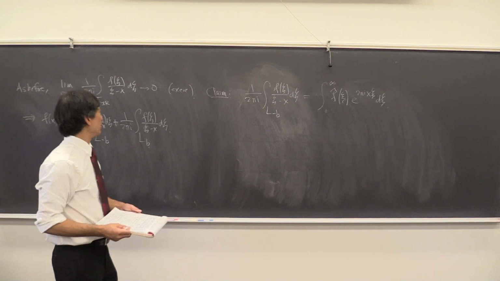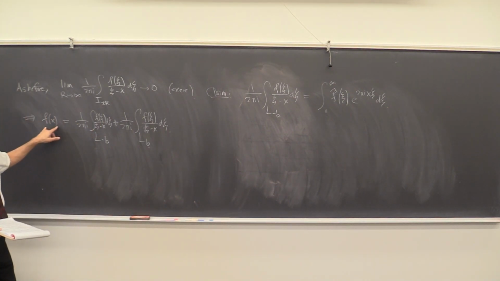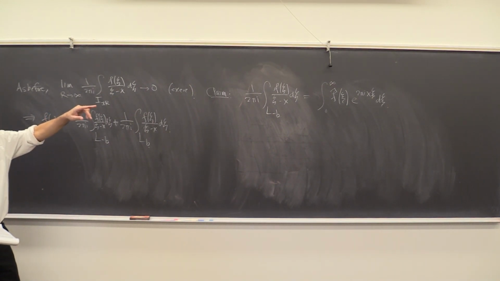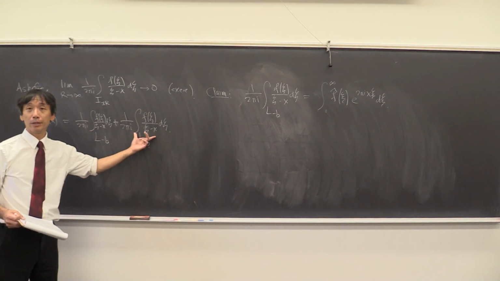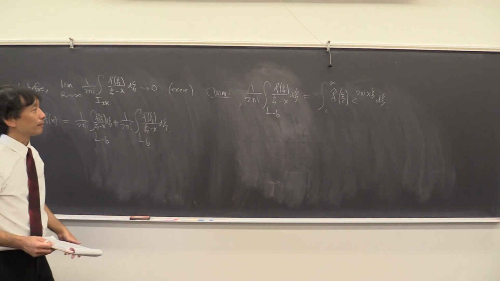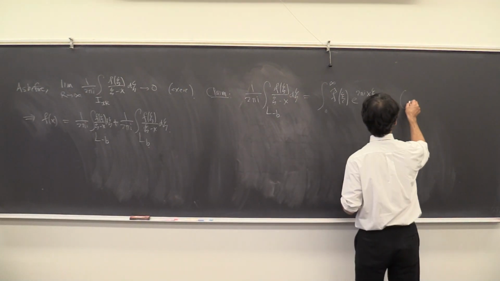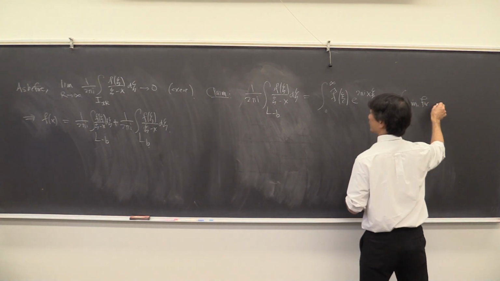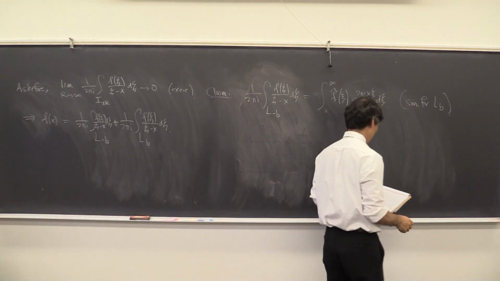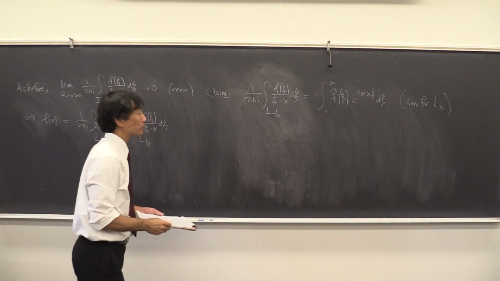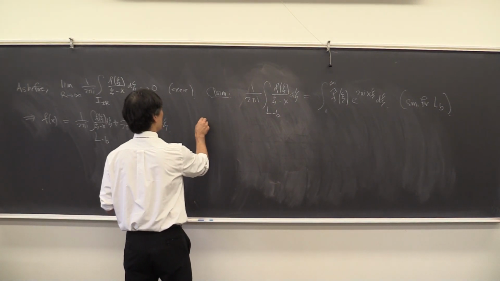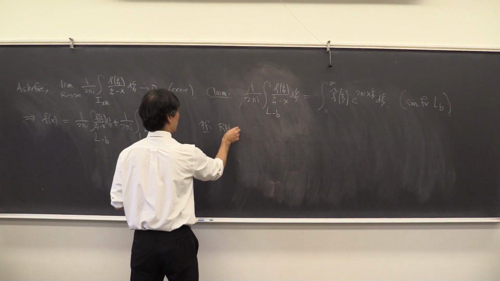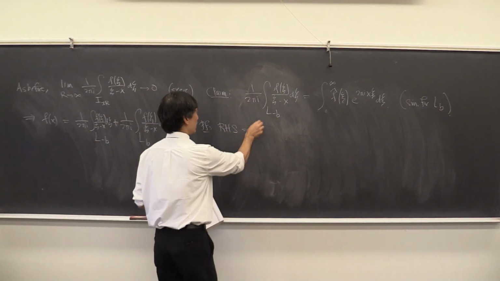We want to show that f of x equals the integral from negative infinity to positive infinity of that thing. What we're going to show is that this is one half of it, and this is the other half of it. Similarly for line positive b. And so what we do is we say, well, if you look at the right-hand side, the right-hand side is this guy.